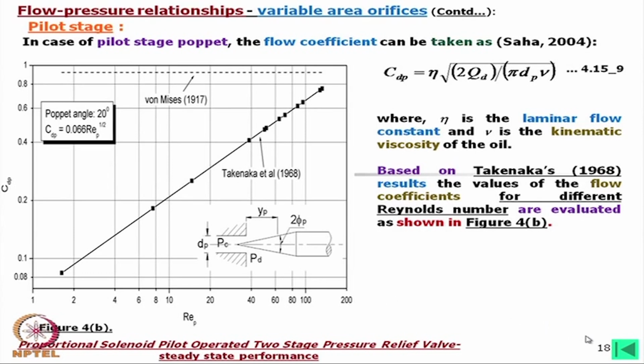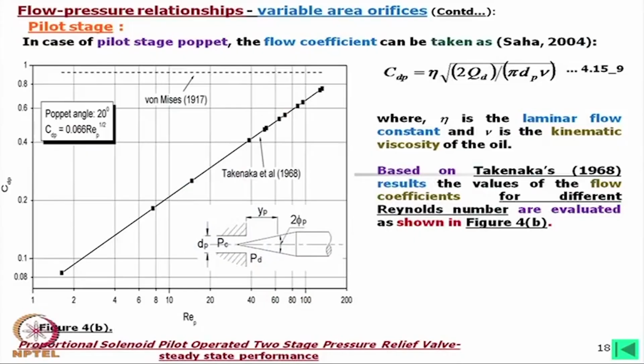One thing is sure, that these two types of poppets are used in a proportional solenoid valve, and if we would like to design a valve like this, then we can use this formula and directly arrive at this. We can also develop the control feature using this formula.